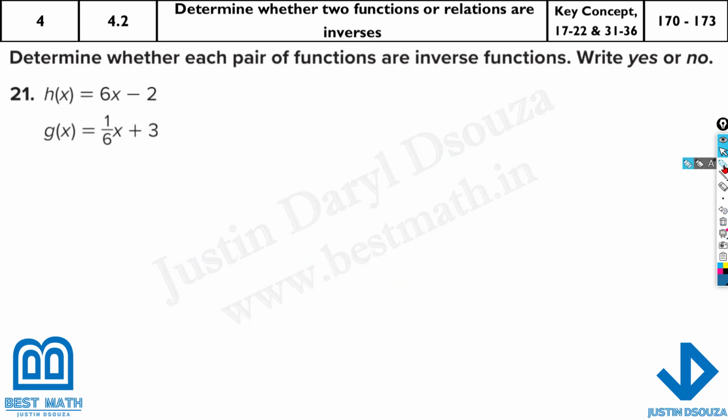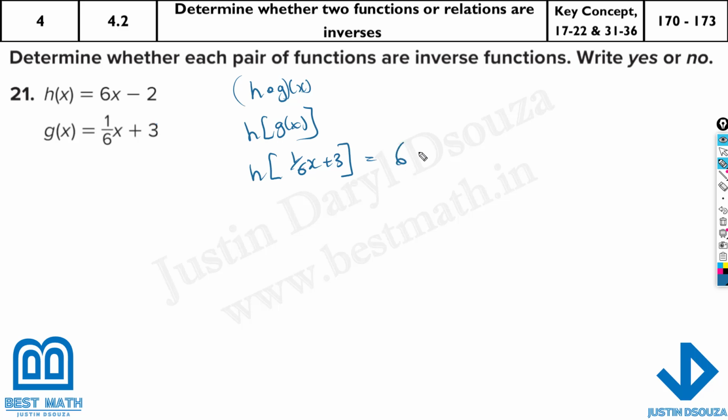What about this one? Let's try it rather than guessing. It's h of x, and g of x. Let's do first with h composition g, that will be h of g of x, that is h of 1/6 x plus 3. And what's going to happen here? It's going to be 6 times (1/6 x plus 3), and then we have minus 2.